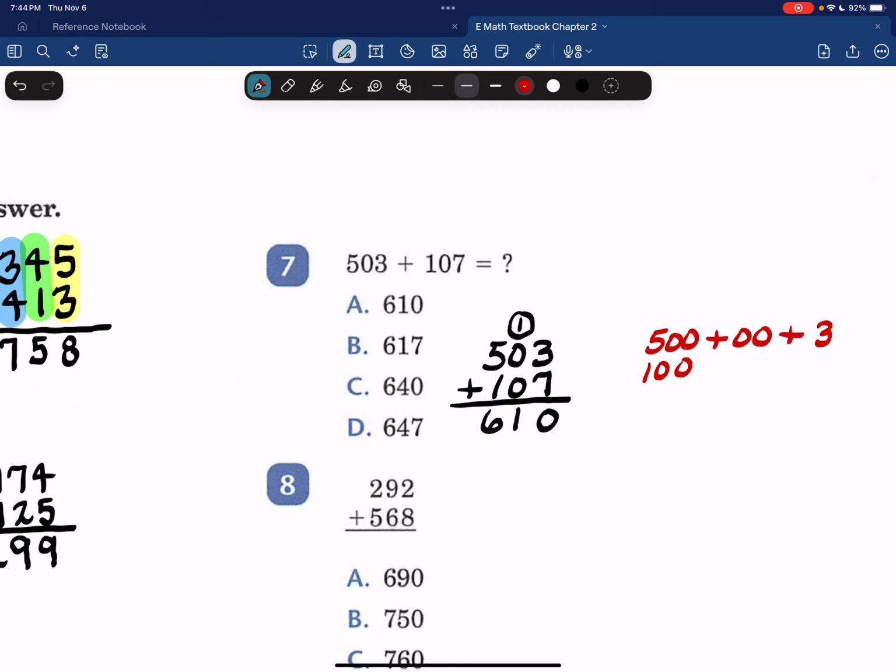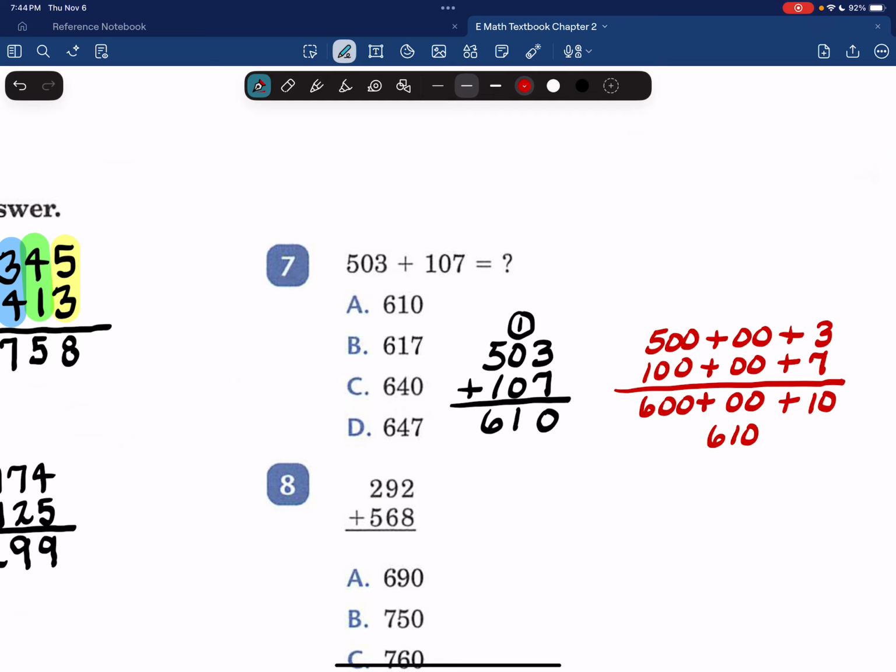And then 100, no tens, and 7 ones. So we have a 10 here, a 0 there, and a 6 here. And when we combine all of that, we get 610.